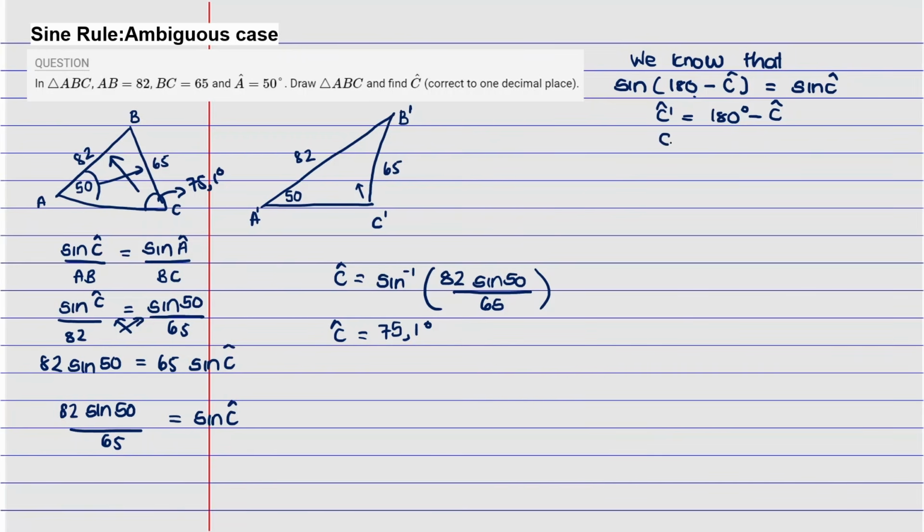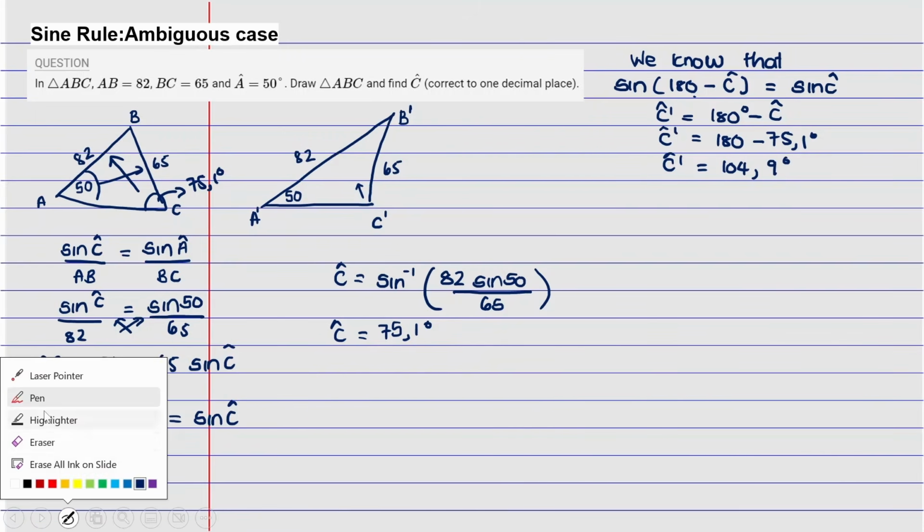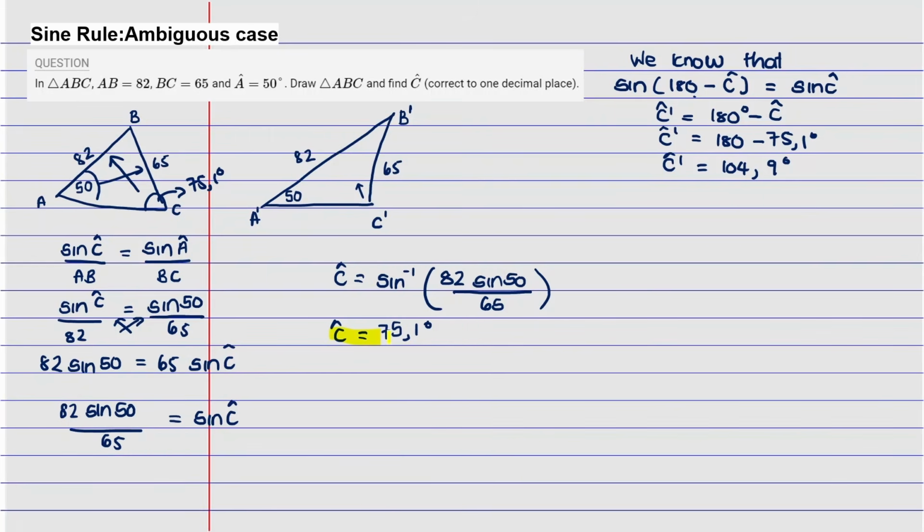So angle C prime is equal to 180 degrees minus 75.1 degrees, which is 104.9 degrees. So these will be your two answers, right? It's this one that you just found and this one that you just found.